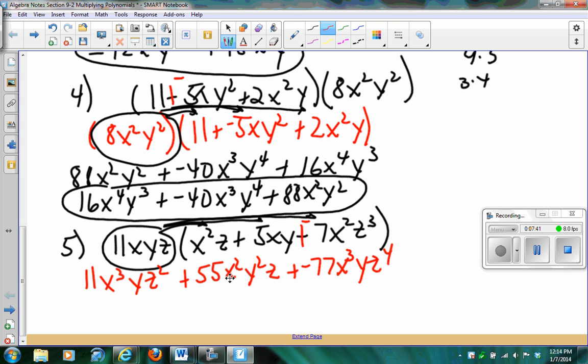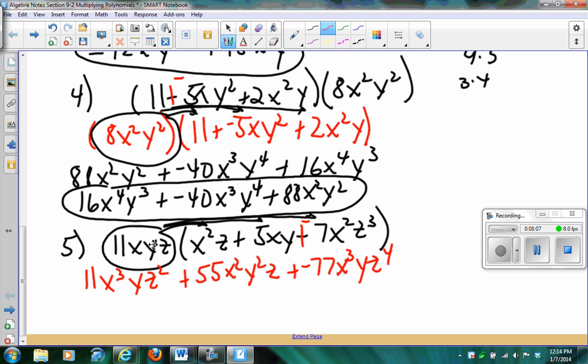If I compare my terms here, I have two terms that have an x to the third component. This has x to the third, y to the first, z to the fourth, z to the second. This term has a degree of 8. This term with the 11 as a coefficient has a degree of 6, excuse me.